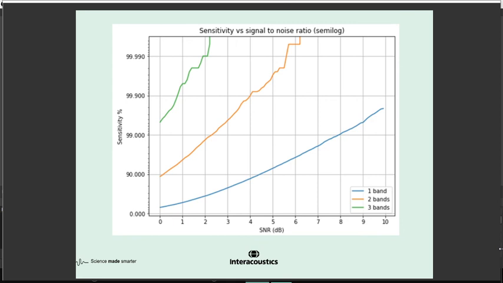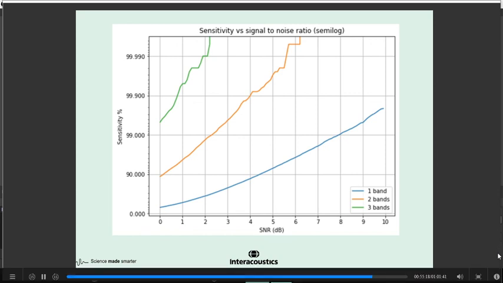If you take it up to 8 decibels, then we're 99% sensitive. So it's only going to pass 1 in every 100. Still not good enough. So then you say, well, it takes a long time to get that level of signal to noise ratio. Let's have a look at what happens if we say 2 bands. If you do 2 bands with 4 decibels, you're now at 99.9%. So that's 1 in 1,000 that are mistakenly passing.